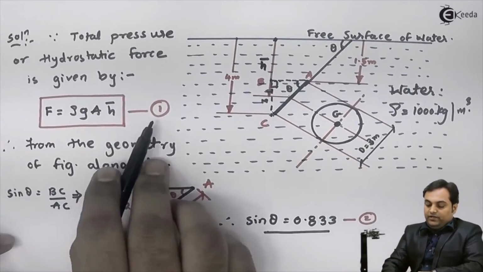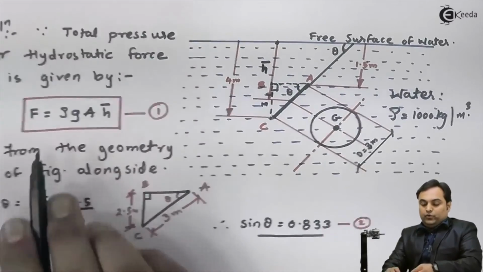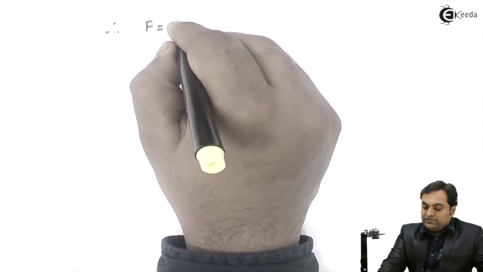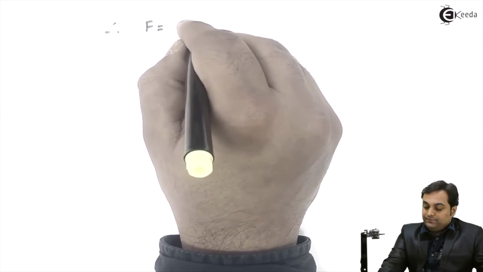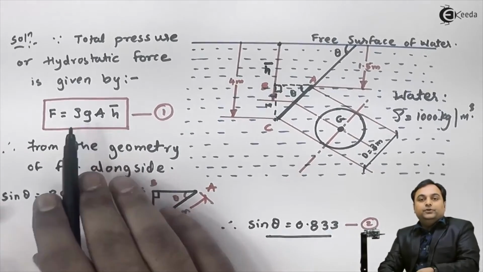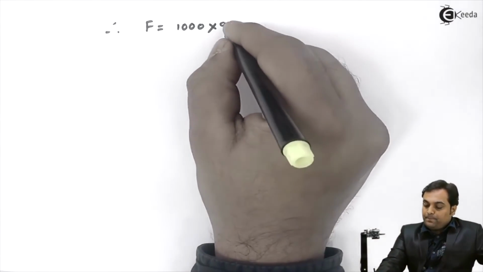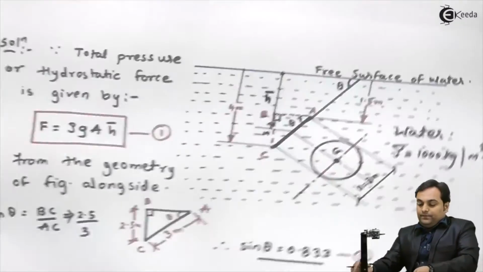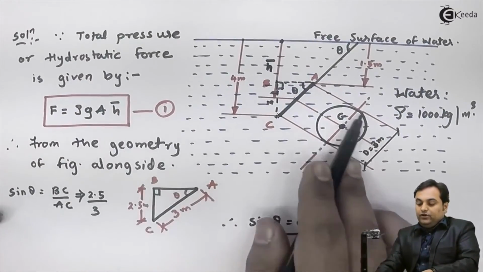In equation number 1 we have F is equal to rho g A h bar. Therefore F is equal to, rho is the density of water, that is 1000, into g is 9.81, into capital A, the area of this circular plate.